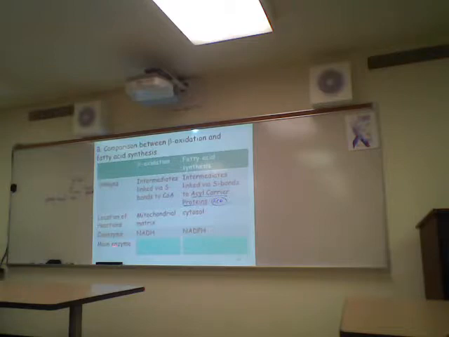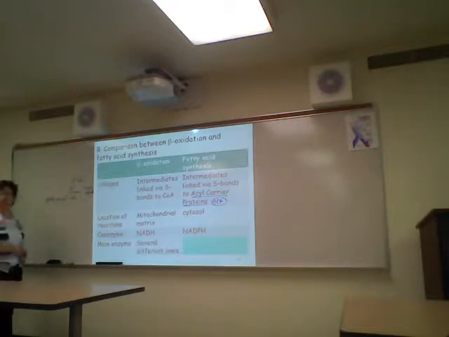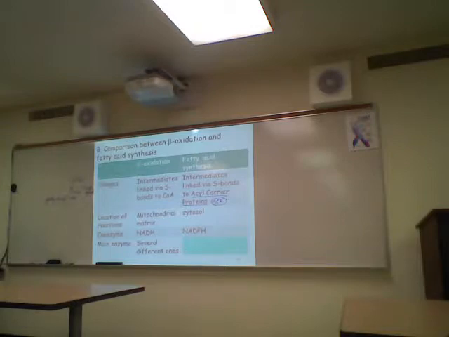So what's the main enzyme to do our beta oxidation? And we actually have a couple of them. There are several different ones that we use to do the beta oxidation. But there's one main enzyme we're going to use for fatty acid synthesis, and yes, it's called fatty acid synthase.